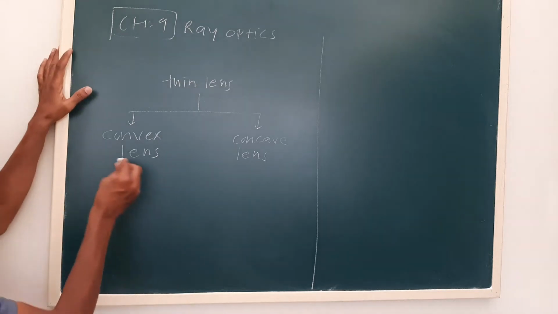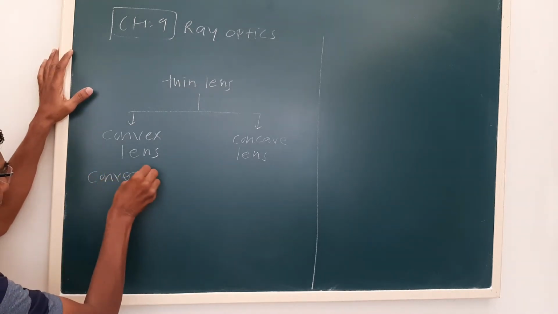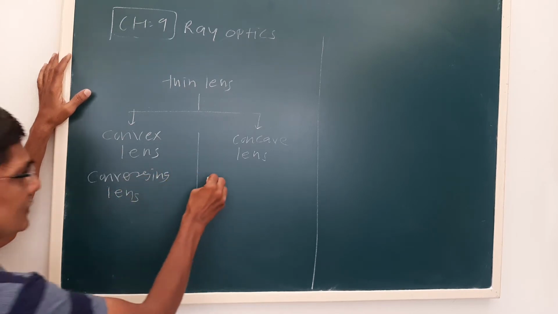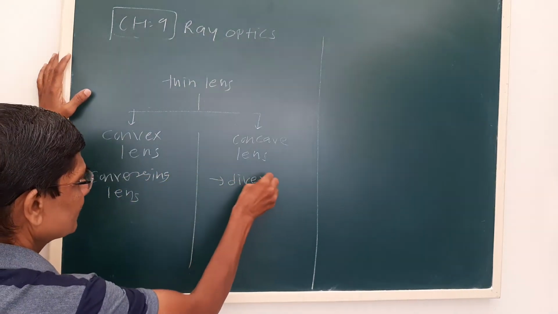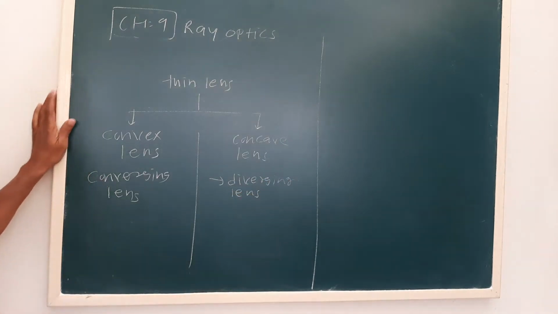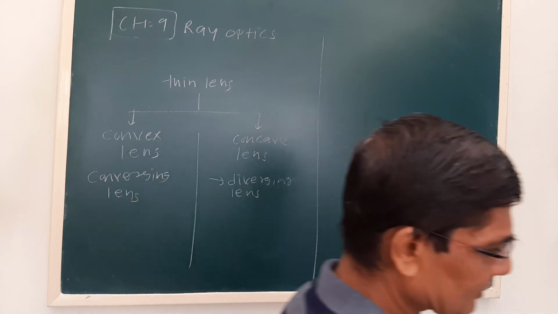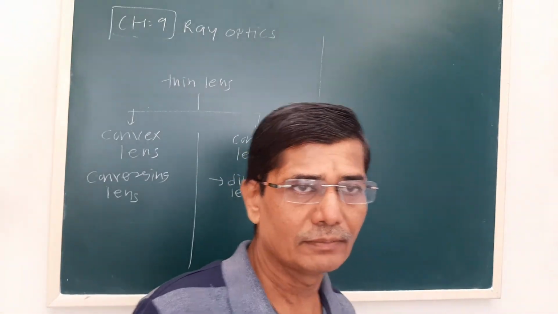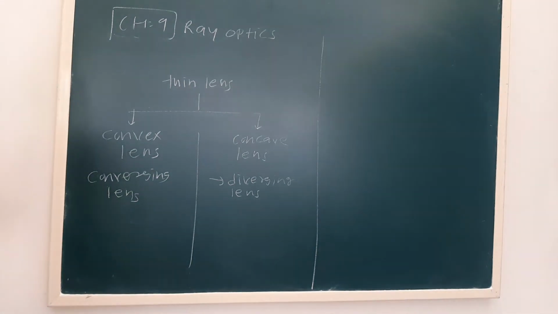Now we know the convex lens is a converging lens and a concave lens is a diverging lens. Now in the beginning of the lesson we studied about how to draw ray diagrams for mirrors.